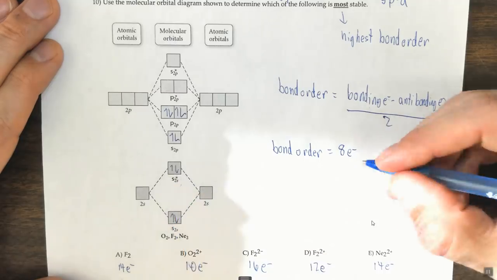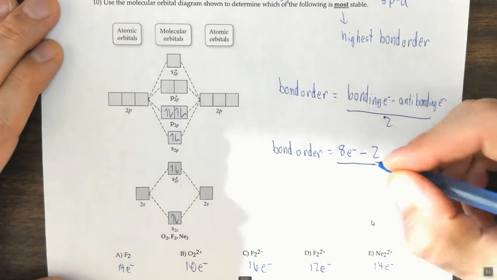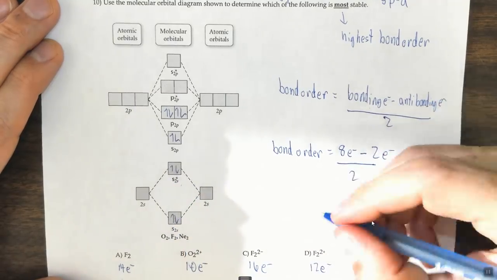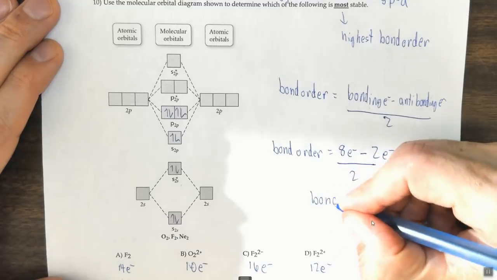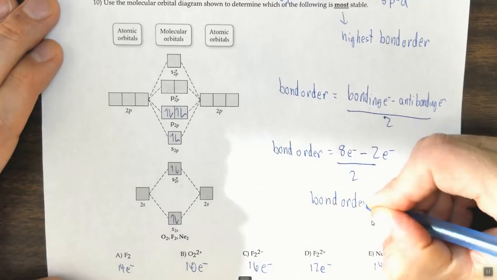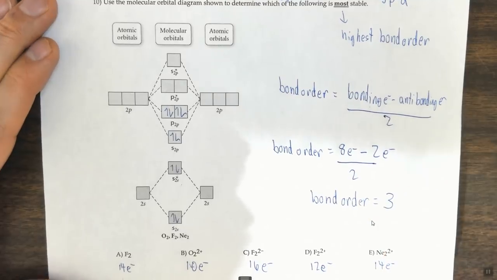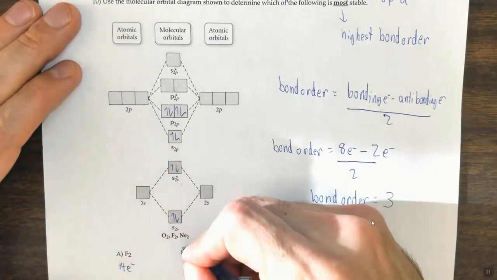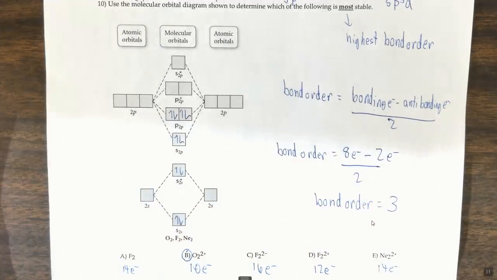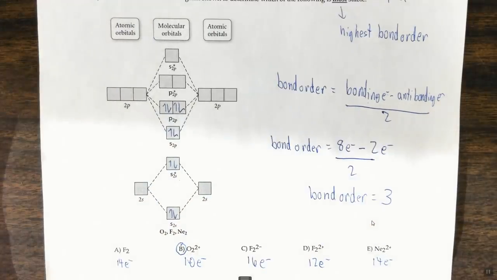Just 2. So it's 8 minus 2 divided by 2. The bond order here is 3. And if you practice this a little bit, you'll realize 3 is the highest that you can get. This makes O2 2+ the most stable of these choices.